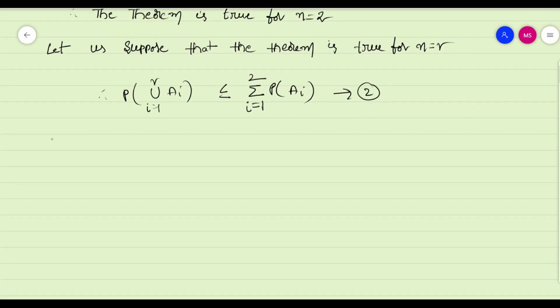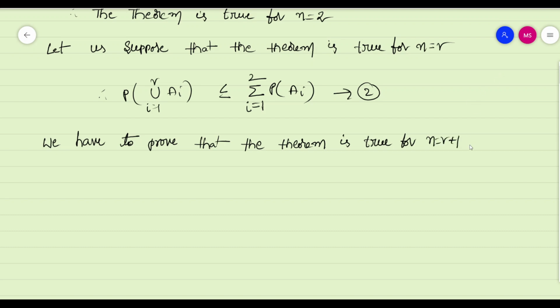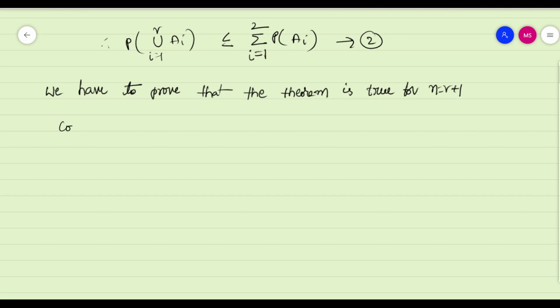So now the third step of this theorem: we have to prove that the theorem is true for n equal to r plus 1. So consider n equal to r plus 1.